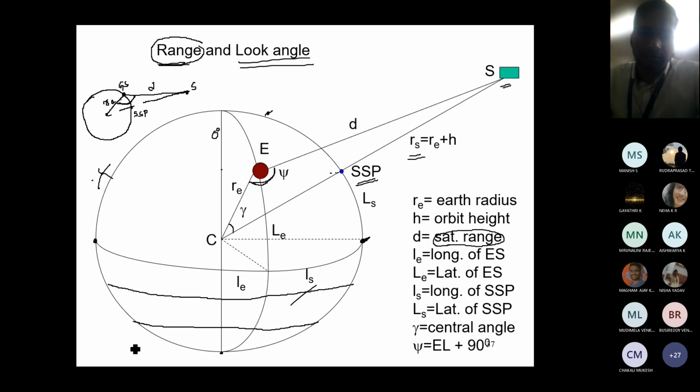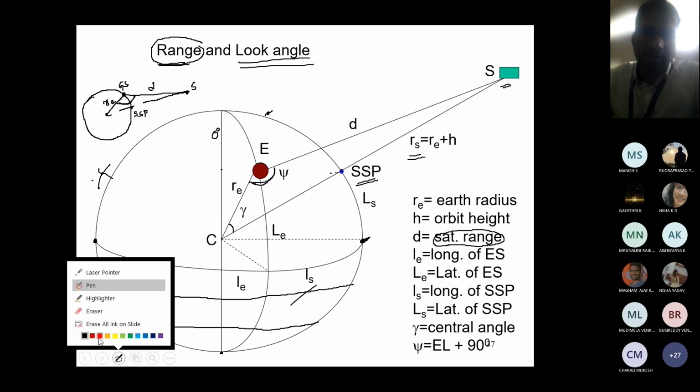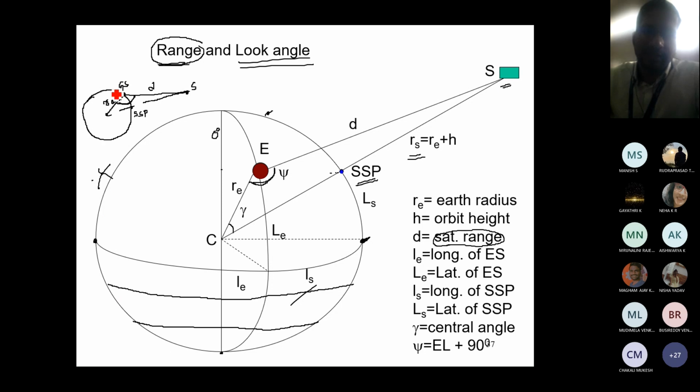Understood? Now let us analyze this angle psi more deeply by drawing one tangent at this particular point, which is your ground station. If I draw a tangent like this, this angle will become 90 degrees. So out of the total angle psi, this part is 90 degrees.